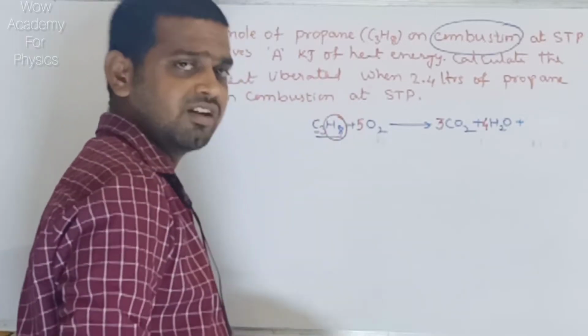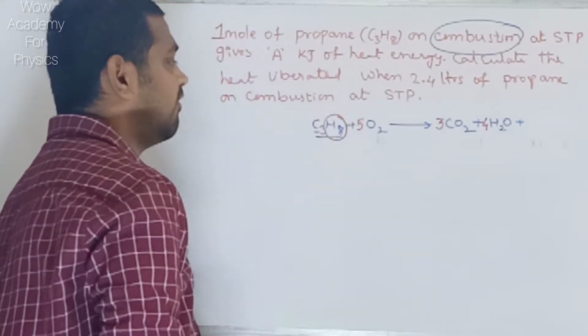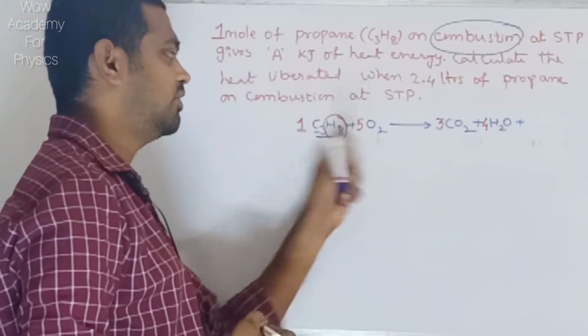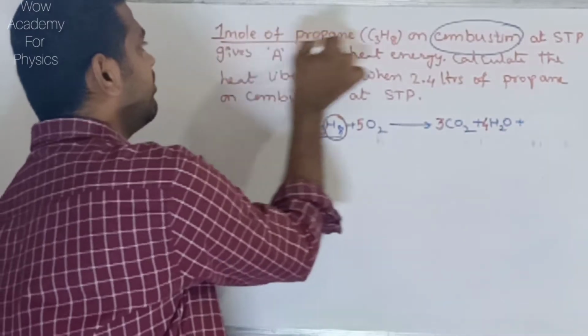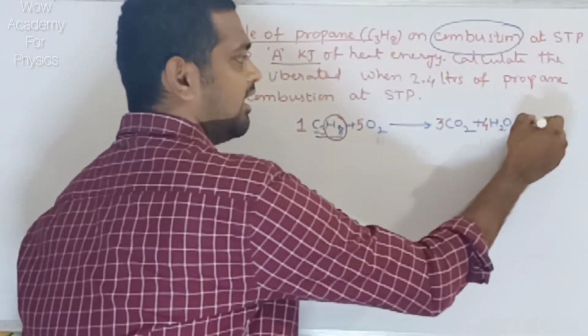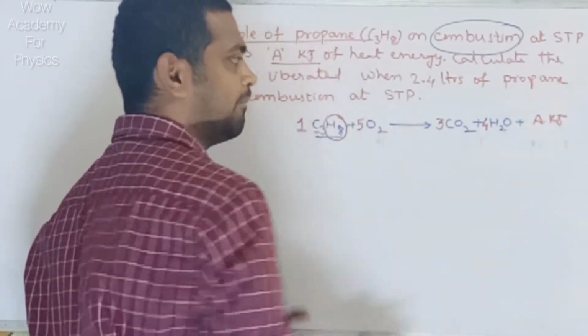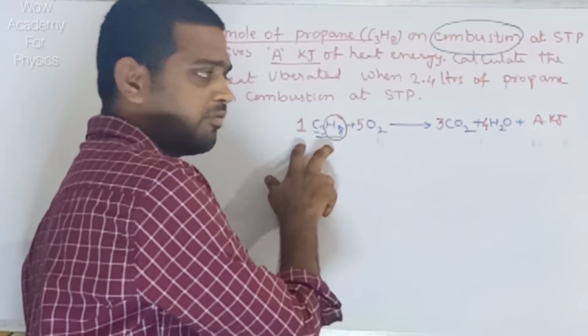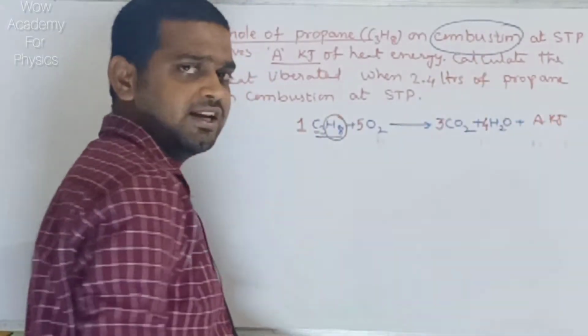We got 1 mole of propane participating in the chemical reaction with 5 moles of oxygen. So during the combustion of 1 mole of propane, how many kilojoules of heat energy are we getting? 8 kilojoules of heat energy.